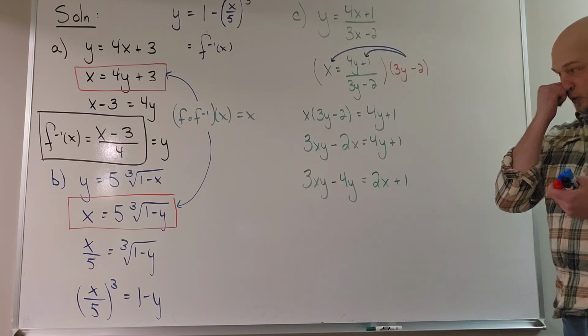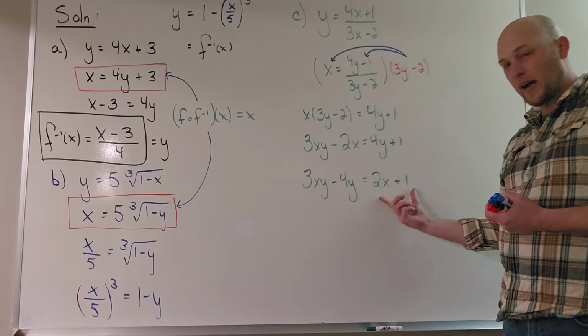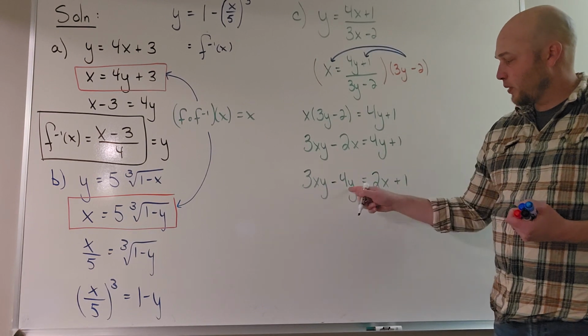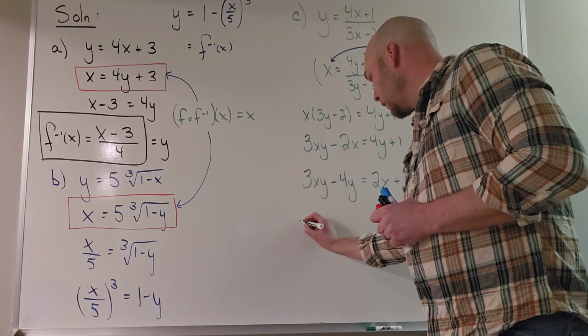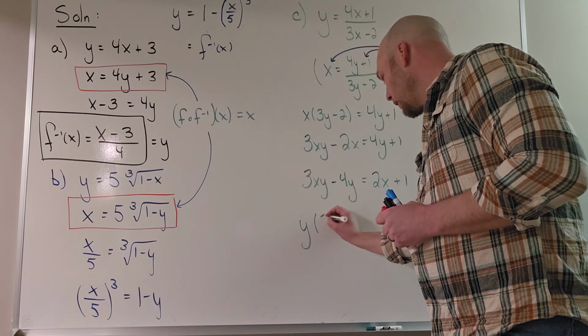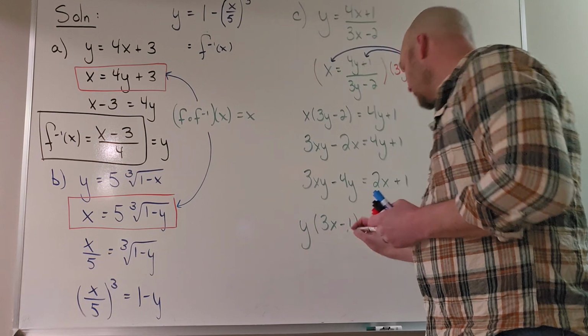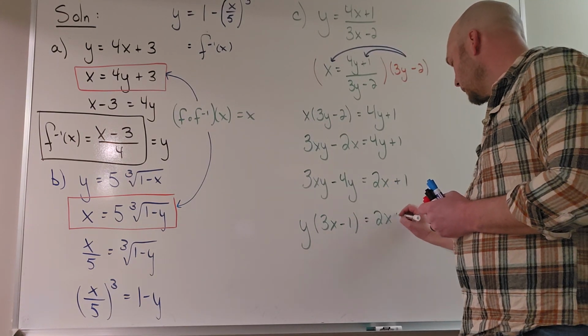All right, so we're closer. I've got everything that has a y on the same side, everything that does not have a y on the other side. Now the way y is attached to both of those terms is through multiplication, which means we can factor it out. That will give me y times the two terms, 3x minus 4, is equal to 2x plus 1.